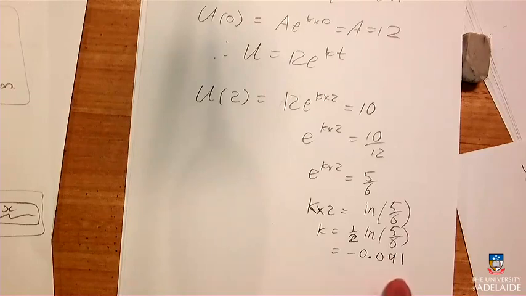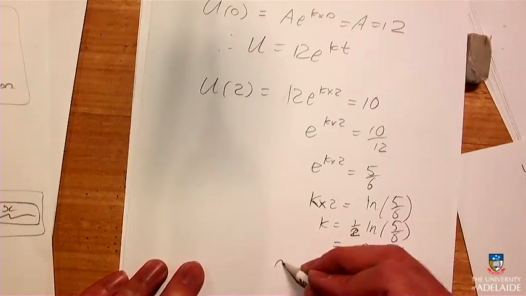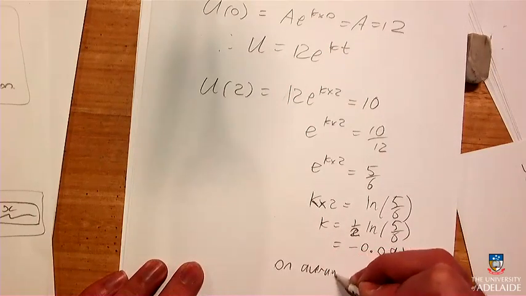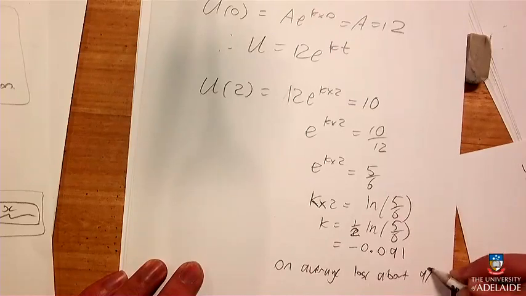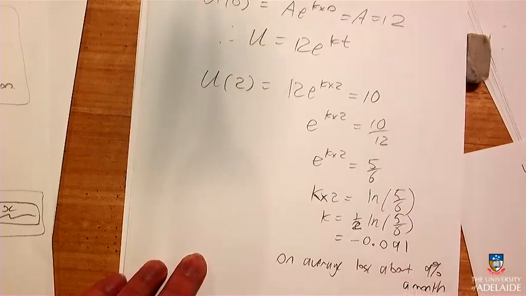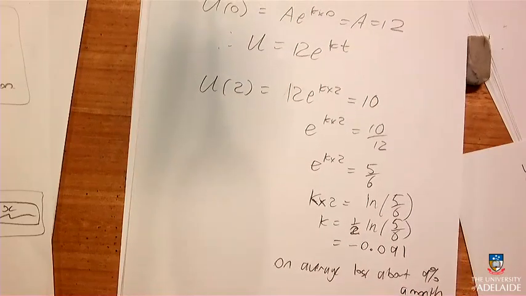That's why you might want to know the k. In continuous compounding, it would be that number.